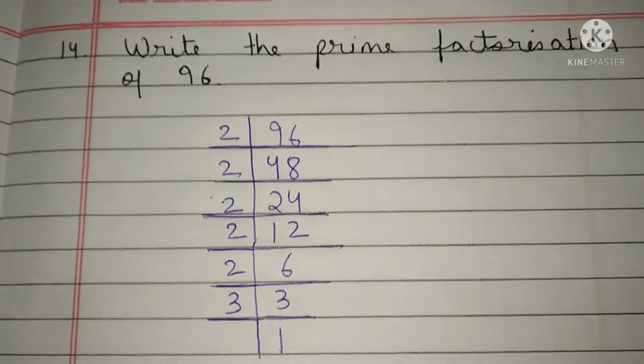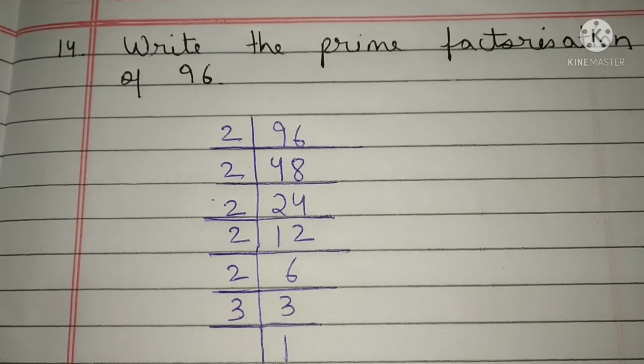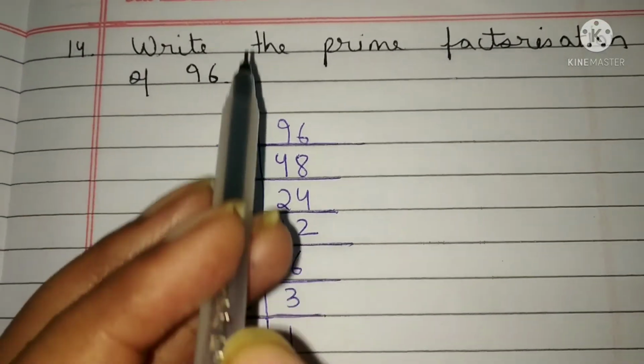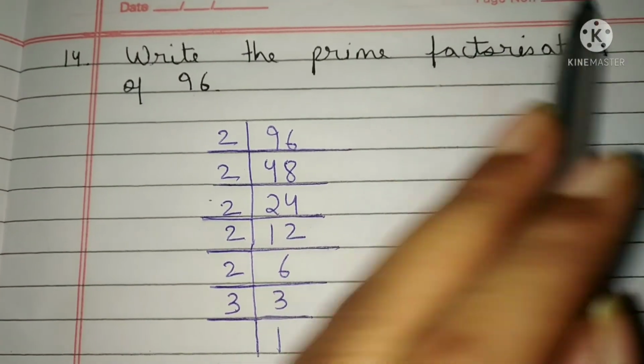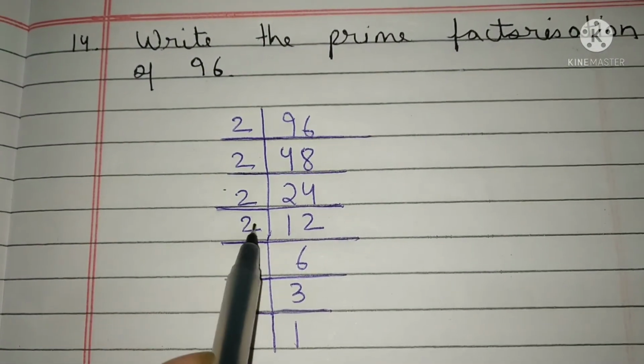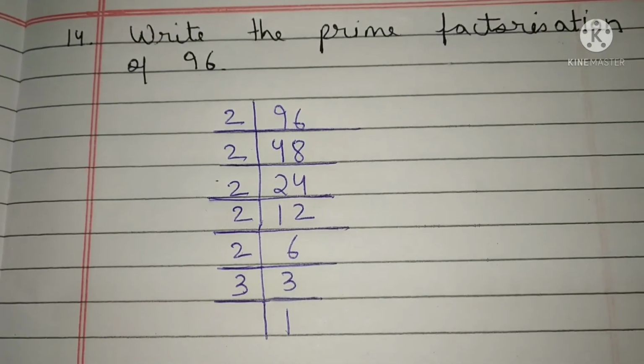Students, in this question we have to write the prime factorization of 96. So the prime factorization of 96 is 2 into 2 into 2 into 2 into 2 into 3.